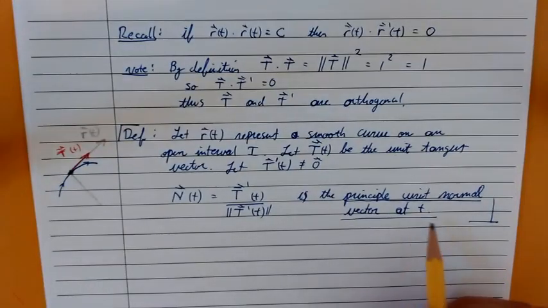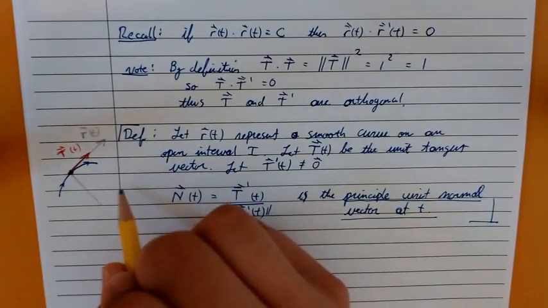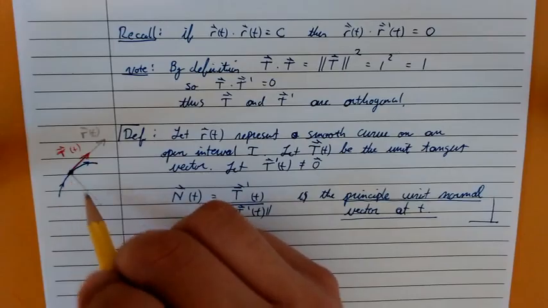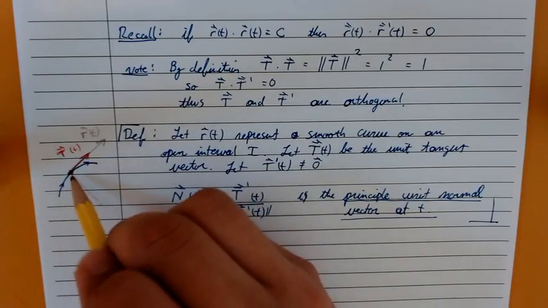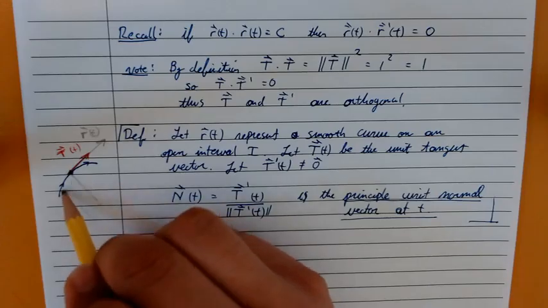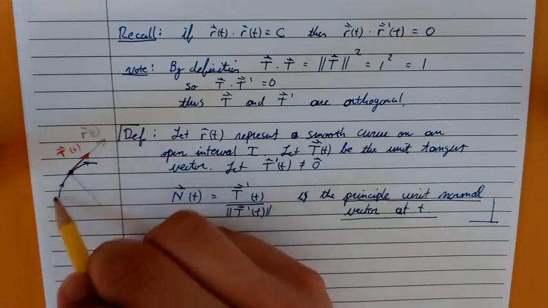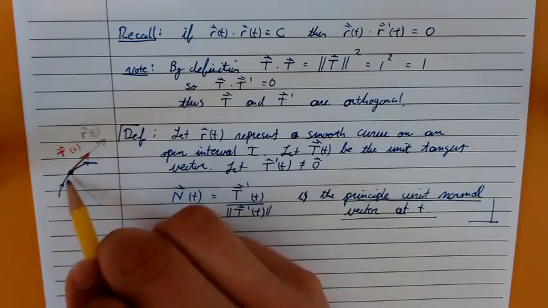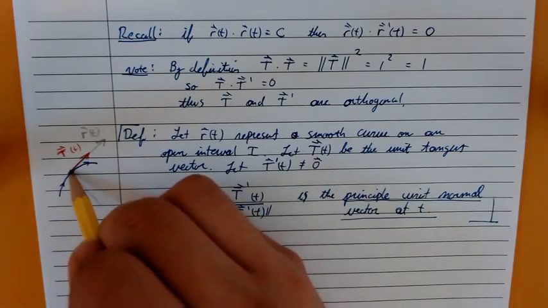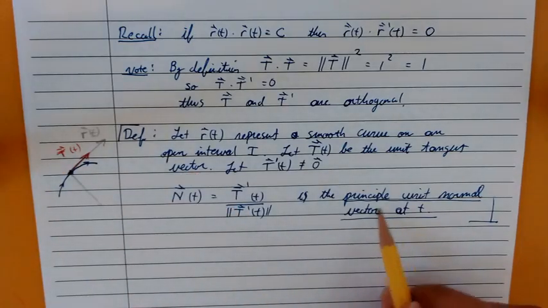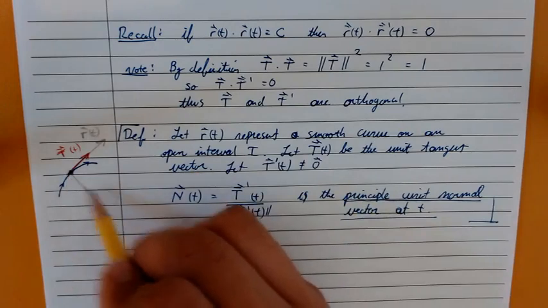Whenever we talk about the principal unit normal, note there are two different normal vectors, ones that are perpendicular to this one. Whenever we talk about the principal one, we're talking about the one that is toward the bend, toward the curve. So this is concave this way. It's the one facing into the concave portion.